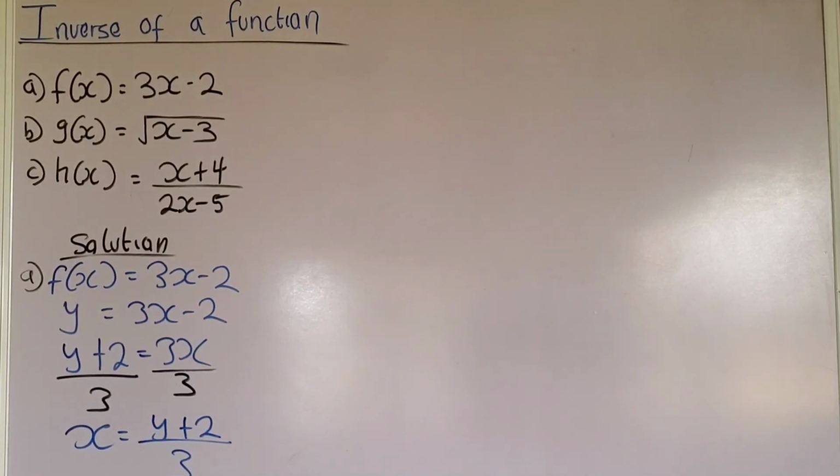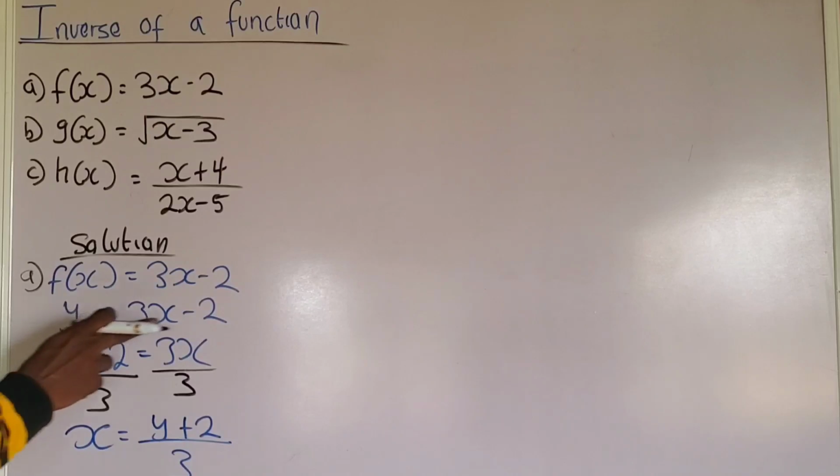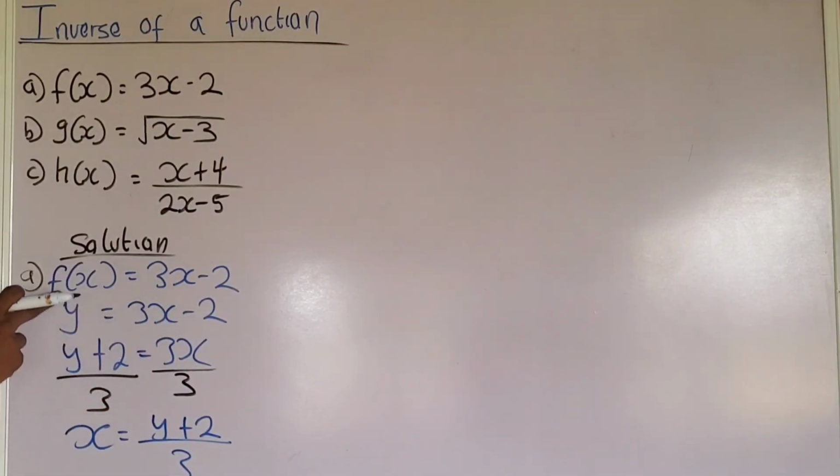Now, when you get to this point, having made x the subject of the relation, you have to replace x as y and y as f(x). You understand? You know that here I said let y be equal to 3x minus 2. Y here signifies f(x).